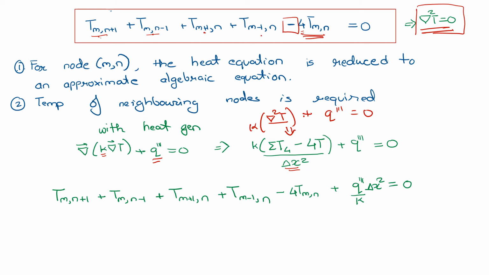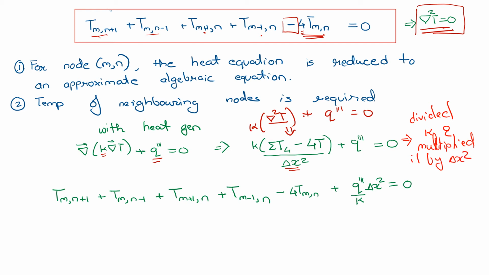So what I did here was I divided this equation by K and multiplied it by delta x square.